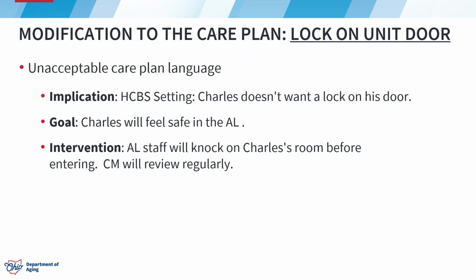It doesn't explain the clear condition or the diagnosis that is directly proportionate to the modification of why he doesn't want a lock on his door. There are no time limits on when this will be reviewed, outside of just that it'll be reviewed regularly. And there is no assurance that this intervention will not cause any harm to the individual.